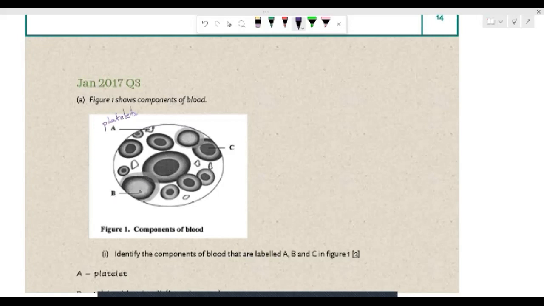Well, we can say this one most likely is the white blood cell, because in fact, this would be like a lymphocyte, right? Because remember, lymphocytes have very large nuclei that take up the majority of the cell, all right? Whereas the red blood cell has this very, very specific shape in the middle.